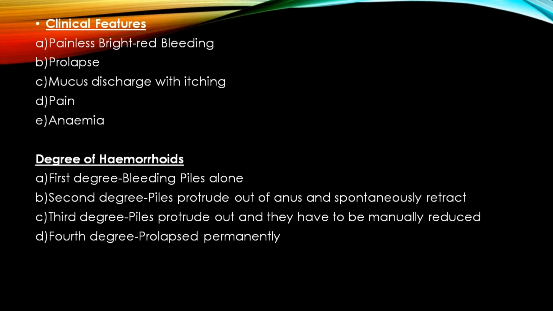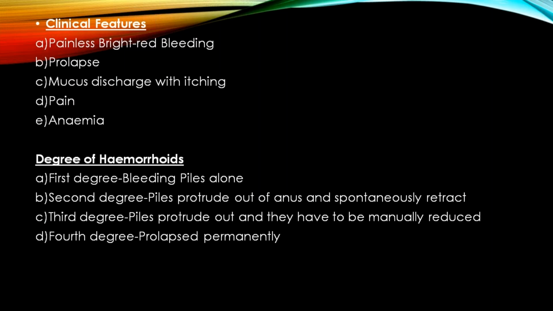On clinical examination you need to know the degree and the stage of the hemorrhoids, and only then can you plan whether the patient goes for non-operative or operative treatment. So you have to decide which degree the hemorrhoids are: first, second, third or fourth degree?